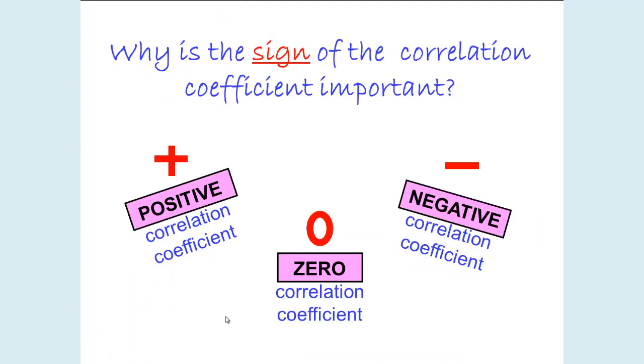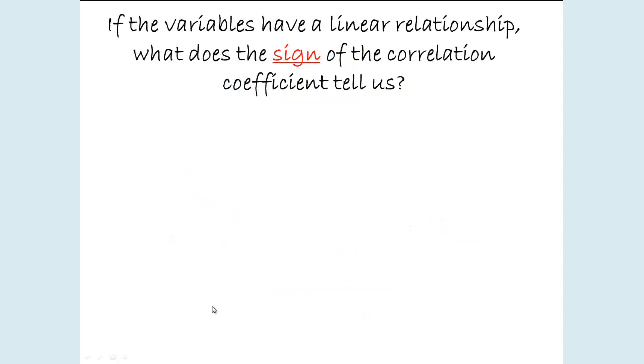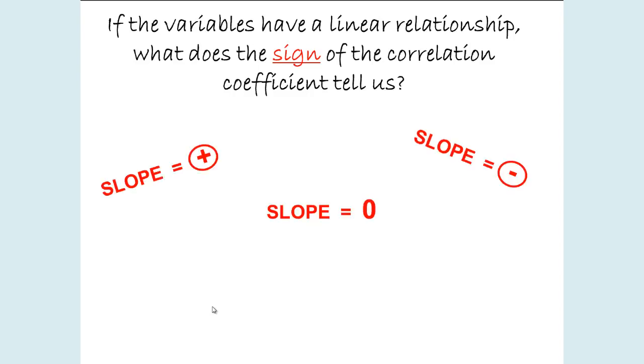Now, why is the sign of the correlation coefficient important? We can get a positive correlation coefficient, a negative correlation coefficient, or 0. So we have three possibilities, and that will be important to us. If the variables have a linear relationship, what does the sign of the correlation coefficient tell us? It tells us the slope, because slope can also be positive, negative, or 0.